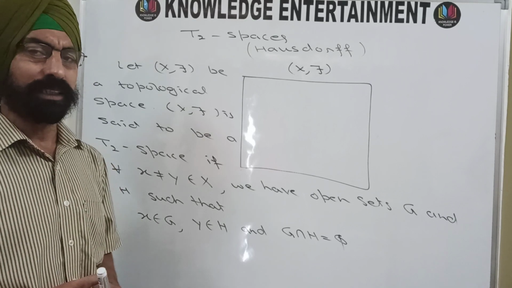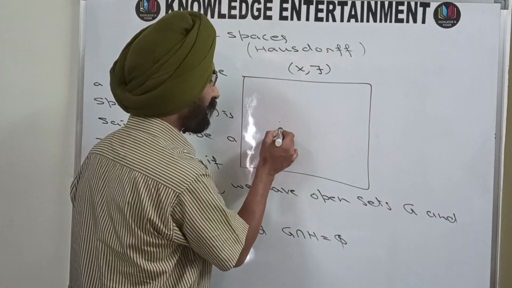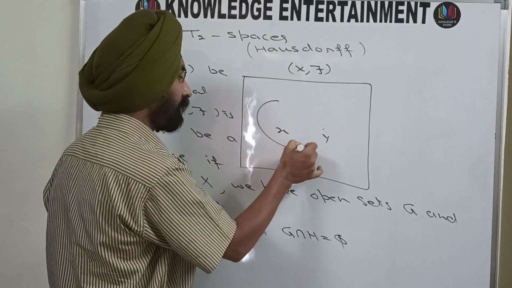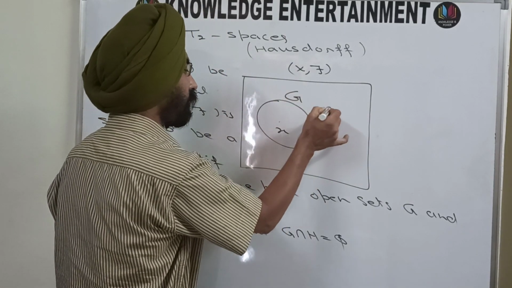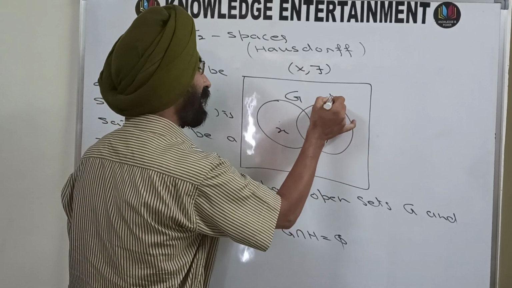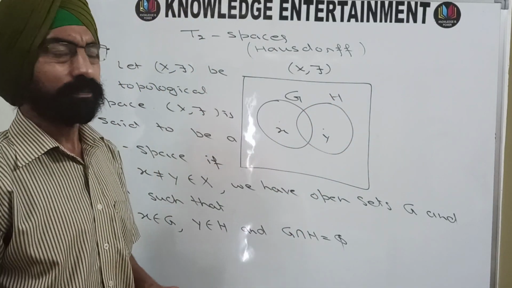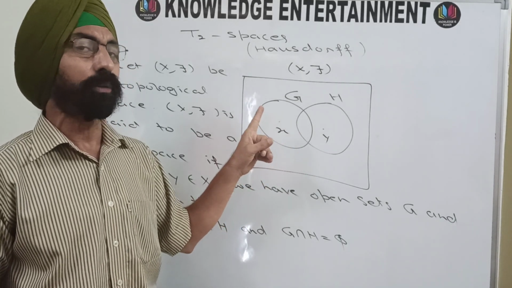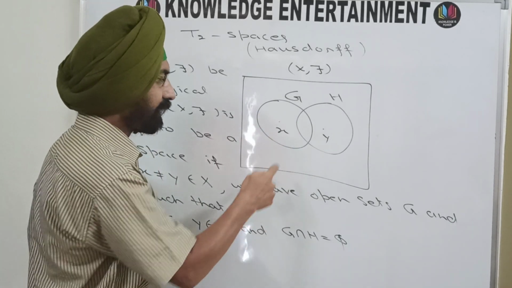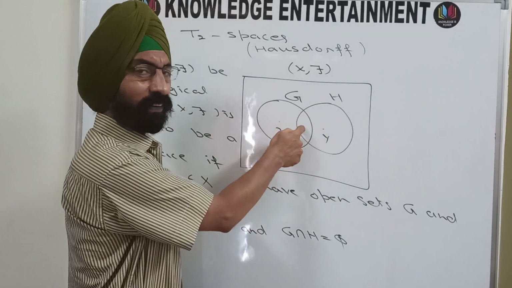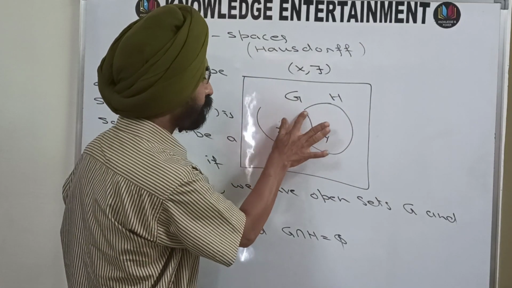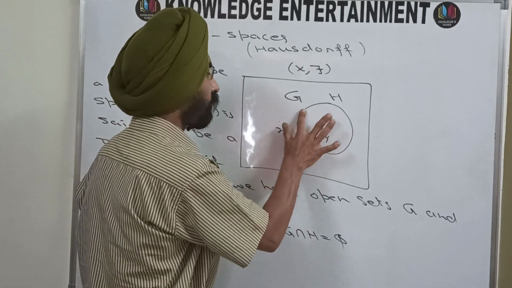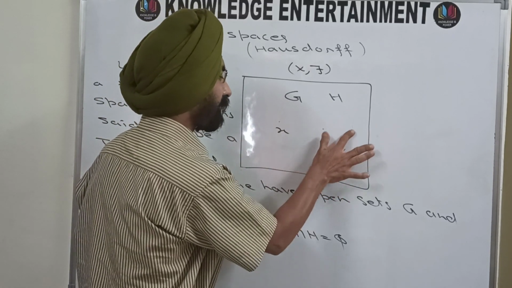In T1 spaces, the condition was that if here is X, here is Y, you can have G like this, you can have H like this. So if this condition is satisfied, it will be T1, but it will not be T2, because here the intersection of G and H is not phi. So if the space is to be T2 space, what additional condition is there?